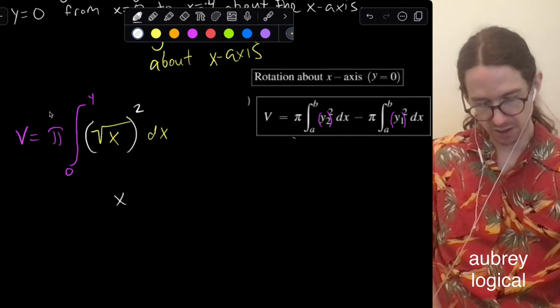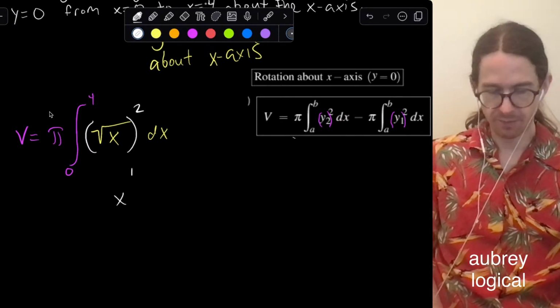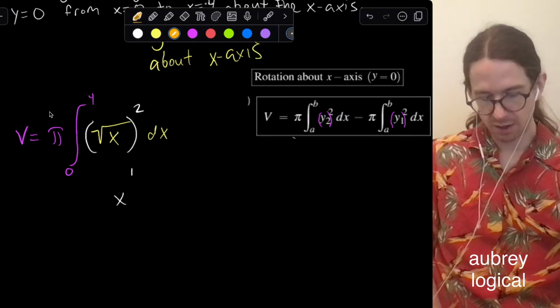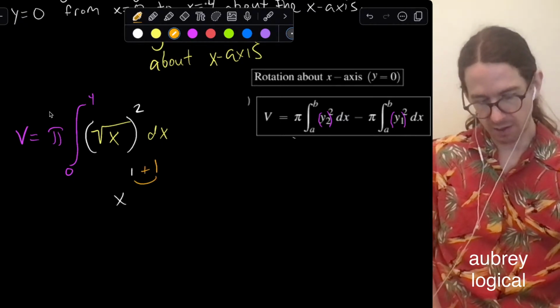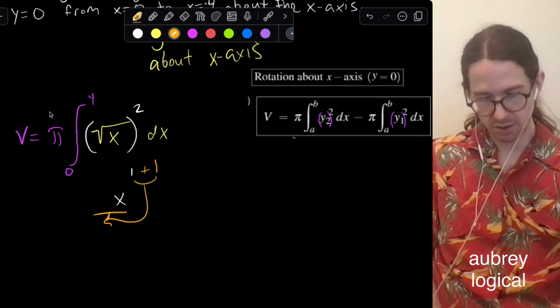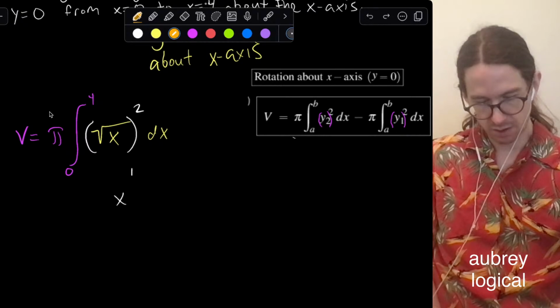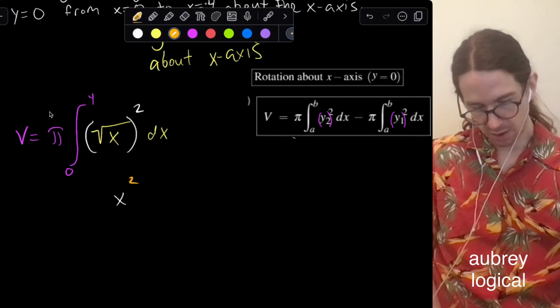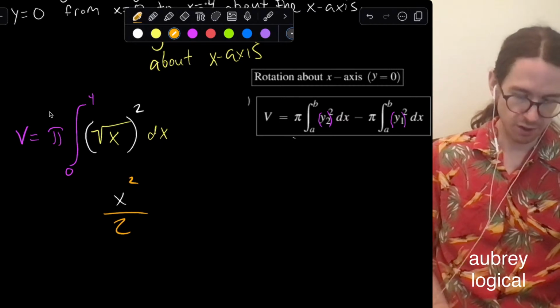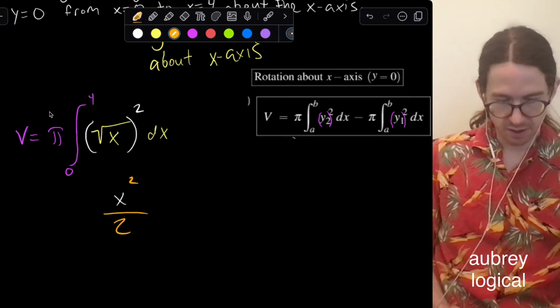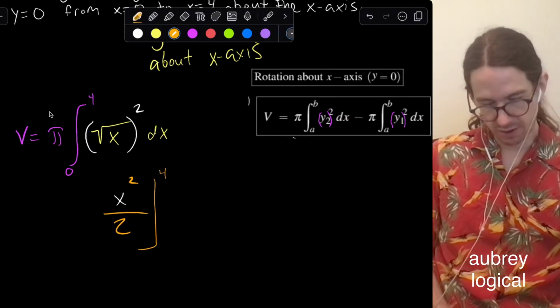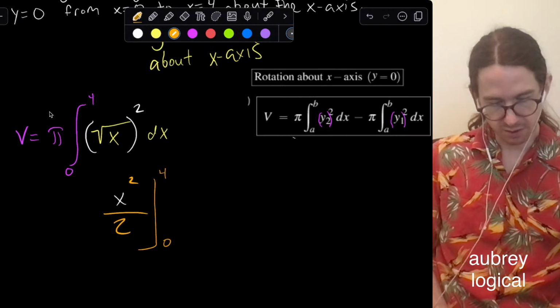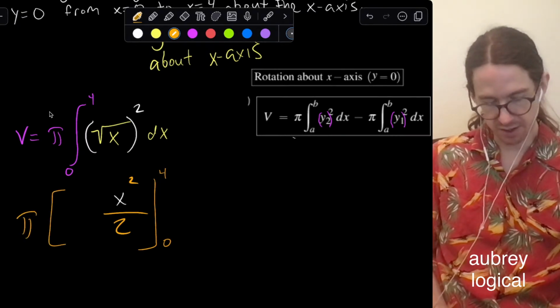Okay, let me rewrite this. So it's x to the first right now. So to find the integral, you add 1, and then you divide by the new quantity. So it's going to be x squared over 2, and we're going to figure this out between 0 and 4. Our pi is still tagging along outside somewhere.